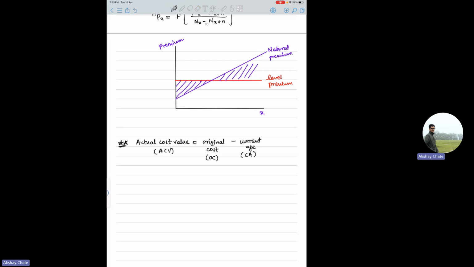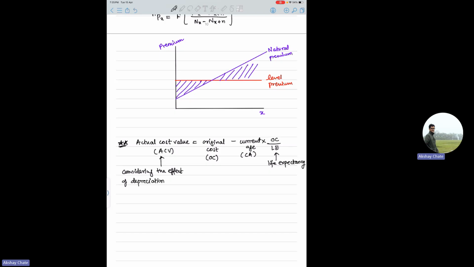Basically, this considers the depreciation of your asset. OC by LE, where LE is the total life expectancy of that machine, considers the effect of depreciation in your calculation.